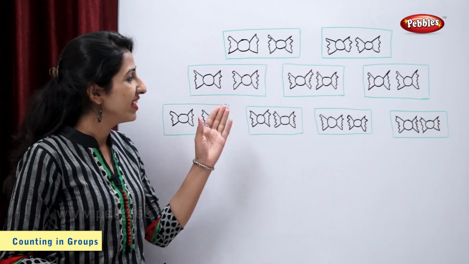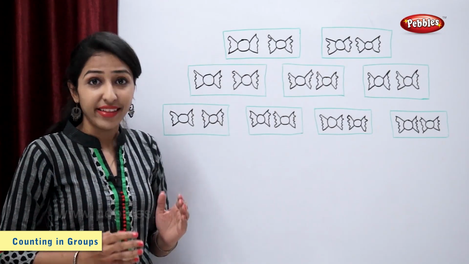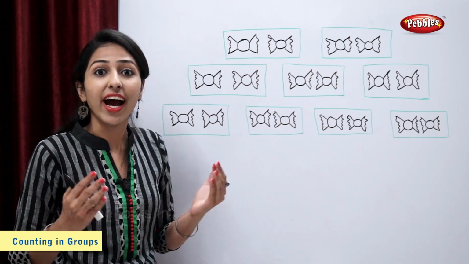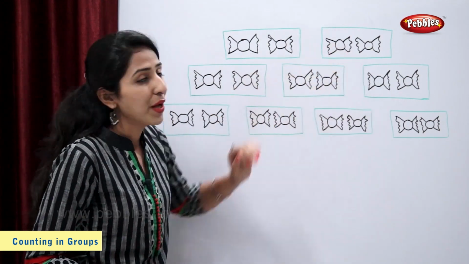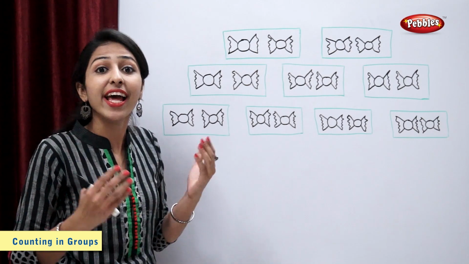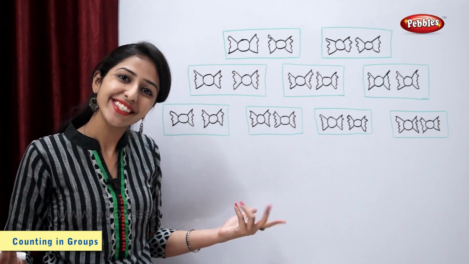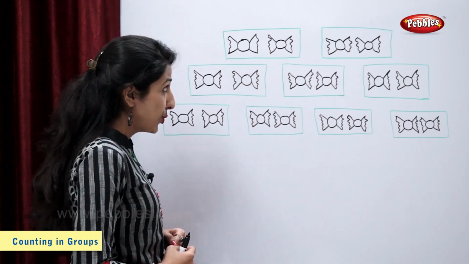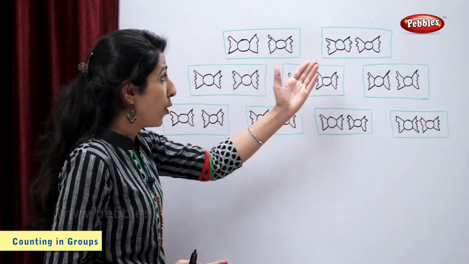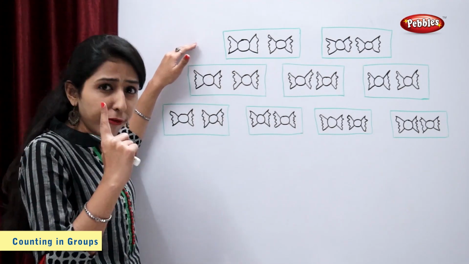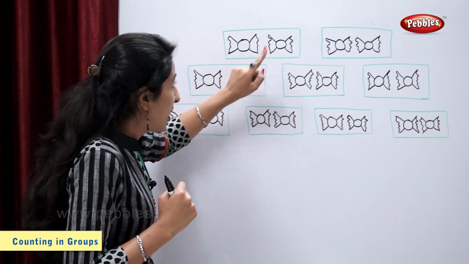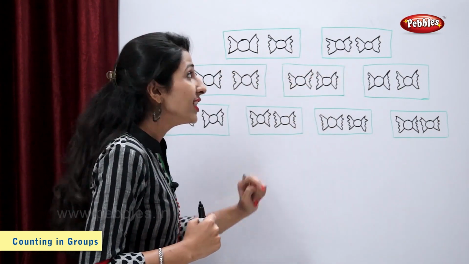Let us solve this example. There are some chocolates on the board. These chocolates are arranged in pairs. Let us count number of pairs and number of chocolates. Students, count and tell me there are how many pairs in the first row? 1 and 2.